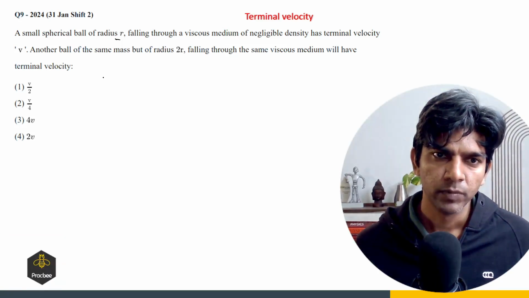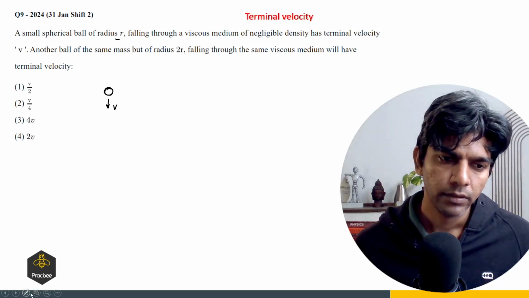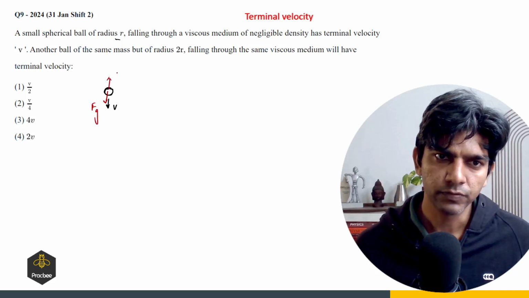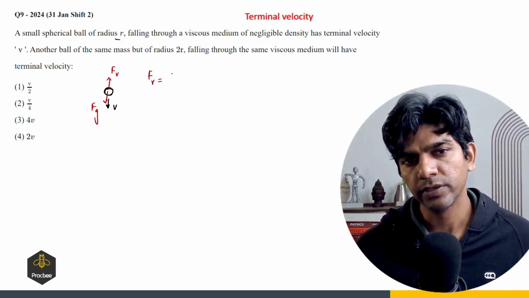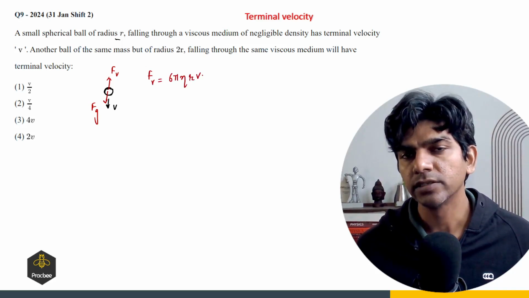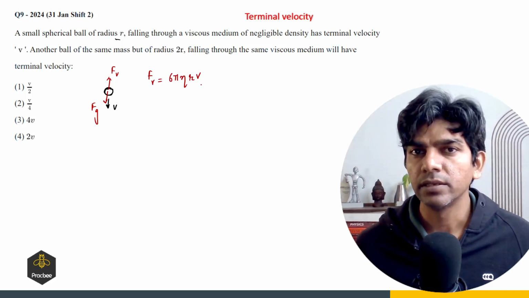So let us see. If there is a ball falling through a viscous fluid, let us say v is the velocity, there will be a gravitational force in the downward direction and there will be a viscous force in the upward direction. Now this viscous force is given as 6 pi eta rv as per Stokes law. So this gravitational force must balance the viscous force.